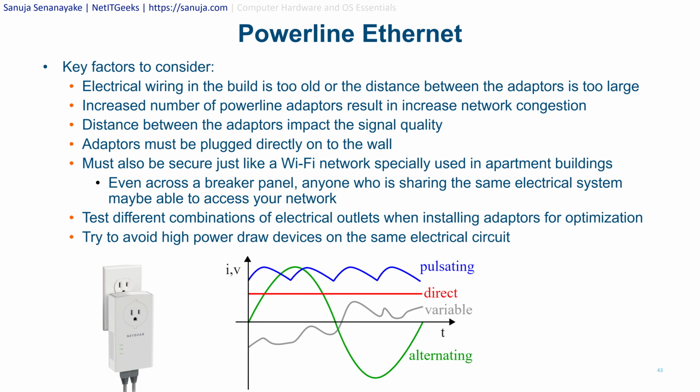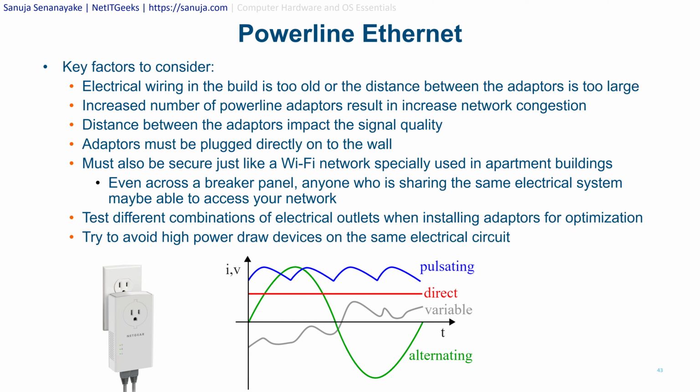So you need to look at how to secure it depending on whether you bought a Netgear or a D-Link, etc., Powerline Ethernet adapter, and then you need to secure it with a strong password and encryption. Otherwise, it will be much easier for someone to grab that signal or data.